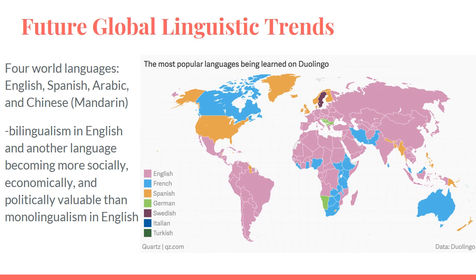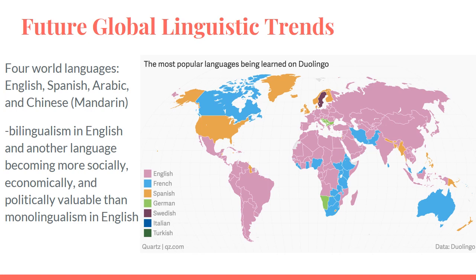Arabic has also grown substantially across the world, not only in the population of native speakers, but also as the growth of the Islamic religion, the Muslim faith, has increased in many parts of the world. The use of Arabic has also increased because in countries like Indonesia or Malaysia that have large Muslim populations, many people are learning Arabic in part because they are using it to practice their faith.